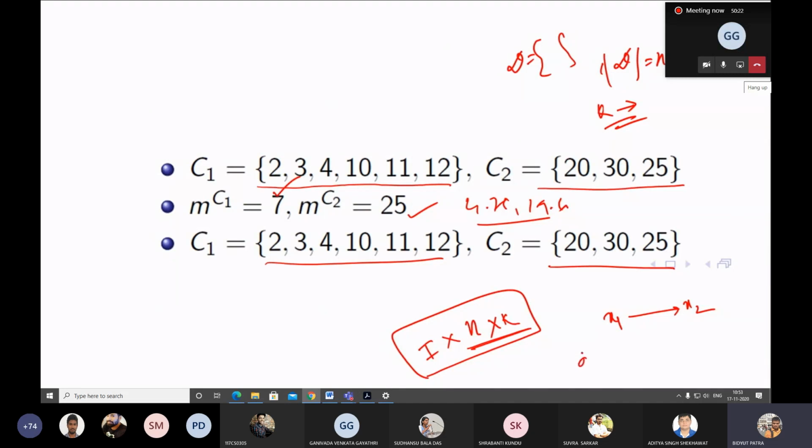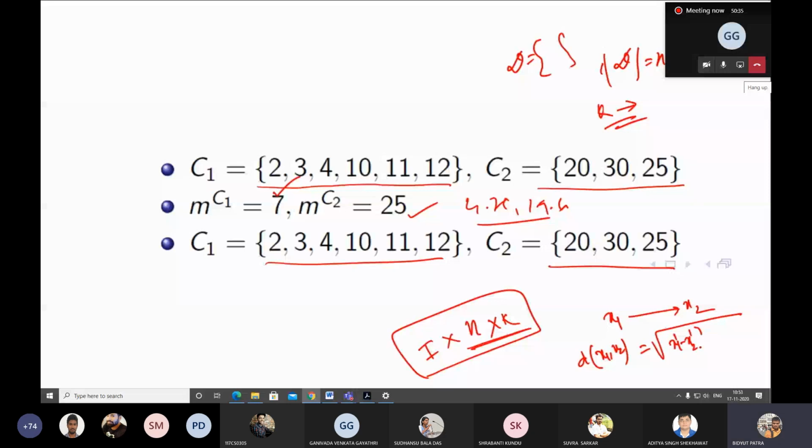So the distance from x1 to x2 is the square root of (x1 first dimension minus x2 first dimension) squared plus (x1 second dimension minus x2 second dimension) squared, and so on. So if you have d dimensions, you'll have d terms.